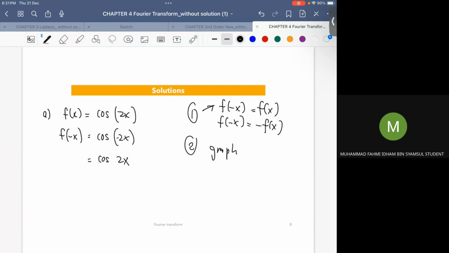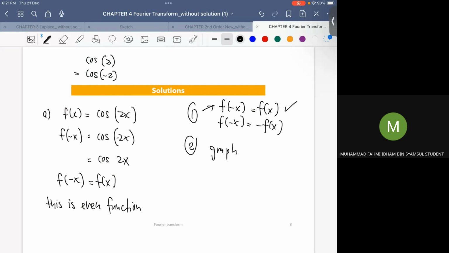If you're not sure, just put in one number: first put cos 2, and then put cos negative 2, and you find that they are equal. So we fulfill this one. We have f(negative x) equal to f(x), so we conclude this is an even function.